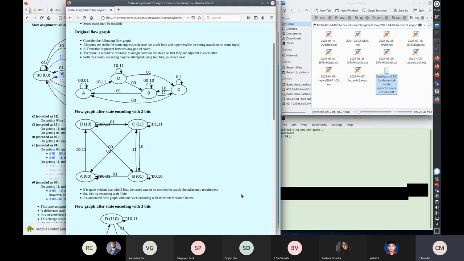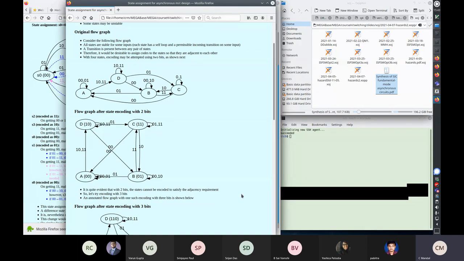What you have seen is that we would like the transitions to happen in such a way that only one bit change is involved. Okay, only one bit change is involved.